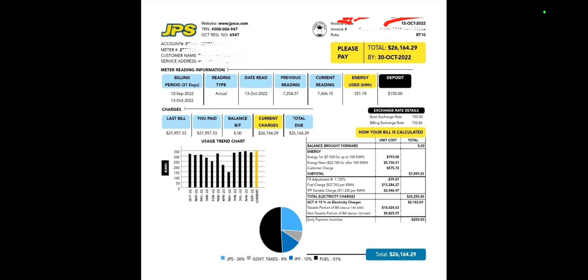Below that you have what you call the rate. As a residential customer, what you would see is rate 10. The rate differentiates the types of customer that you are. For a residential customer, you would be on rate 10, and JPS uses it to do the calculation for your bill. Different types of customers have different rates. Rate 10 is residential, and everything other than rate 10 is non-residential.